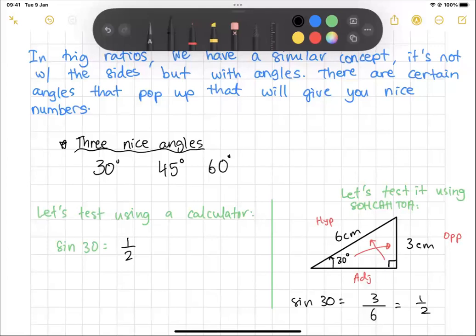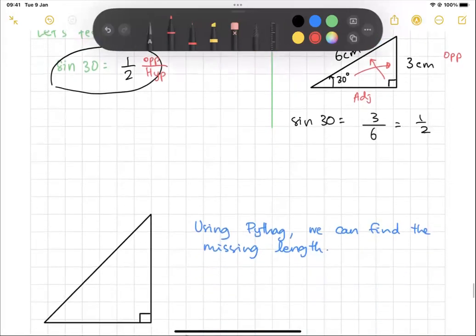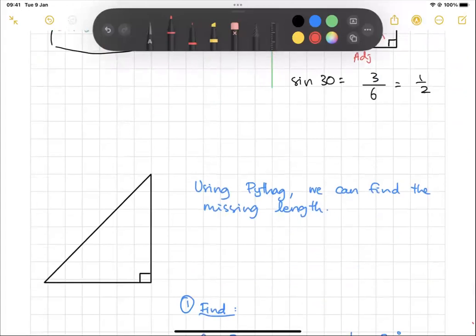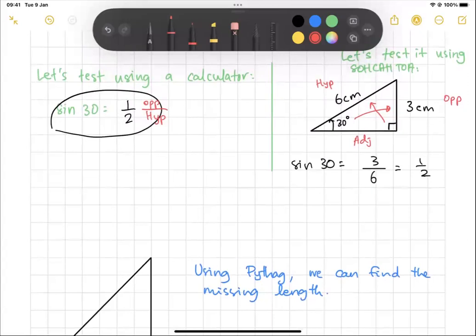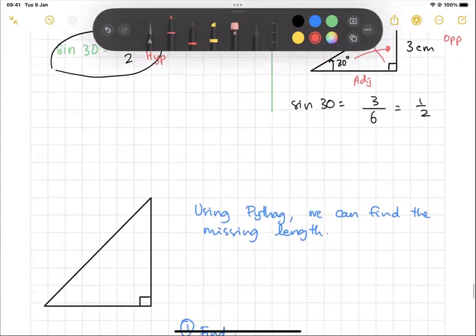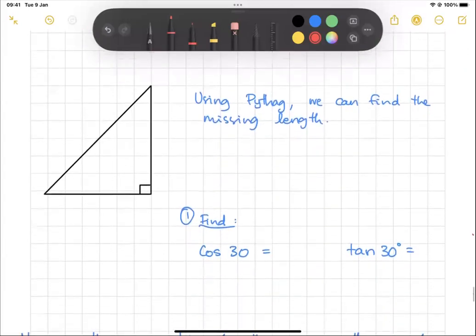Now, using what we know about sine 30, we know that sine is opposite over hypotenuse. Now let's try and draw another right angle triangle, but using a half as our base. So again, I'm going to draw another right angle triangle. I'm going to label this angle right here at the corner 30 degrees.